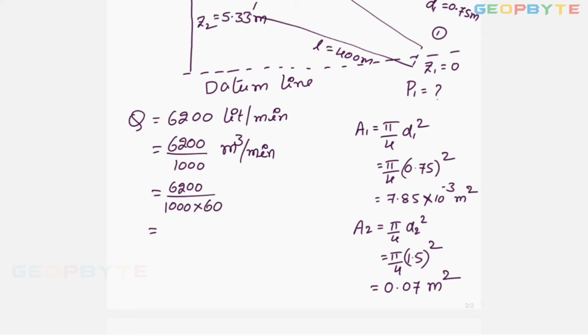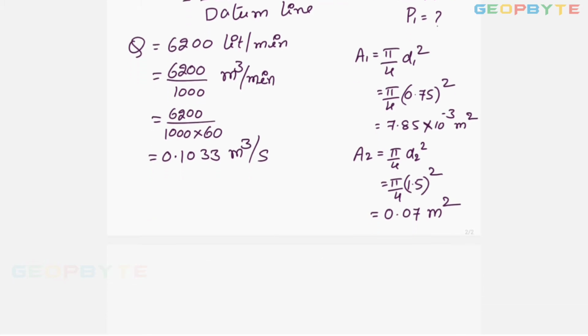Simplify this value for getting the discharge. I got 0.1033 meter cube per second.